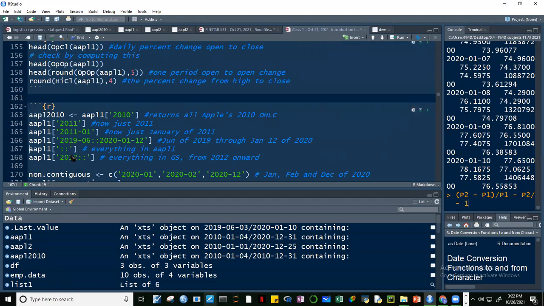Okay, how about this, guys? Well, this is just the same as Apple 1. Everything in Apple 1. Apostrophe, then colon, colon, apostrophe, it means everything. So it's just the same as Apple 1. Okay, how about this?